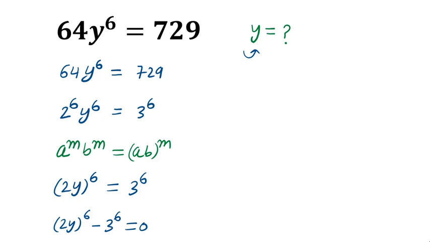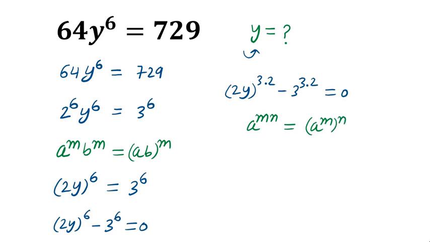Look carefully at the left hand side. We have (2 times y) whole power 6, and we can write this 6 as a product of 3 times 2, minus 3 power 6, where we can also write 6 as a product of 3 times 2, is equal to 0. We know that a power m times n is equal to (a power m) whole power n.